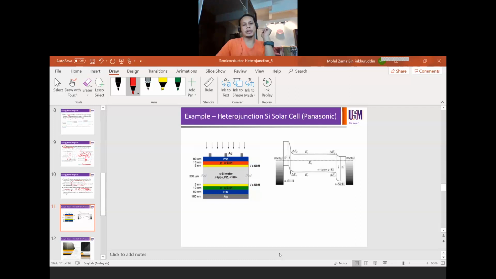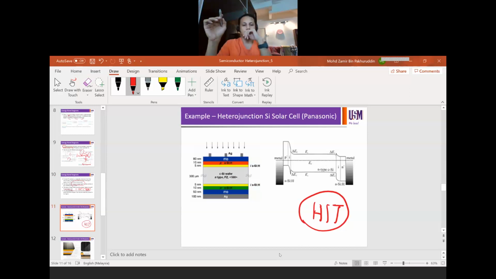If you talk about heterojunction in silicon solar cells, the example I showed earlier, the heterojunction with intrinsic thin layer technology, they call it the HIT cell from Panasonic Energy. This is the cross section of the layers that you have.